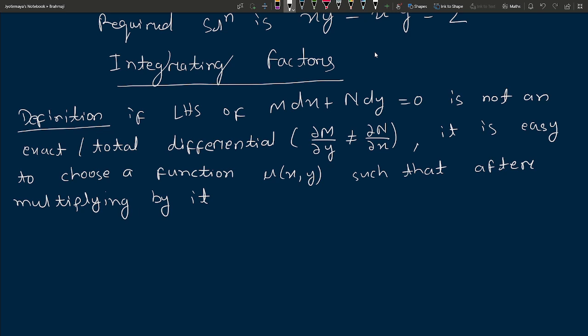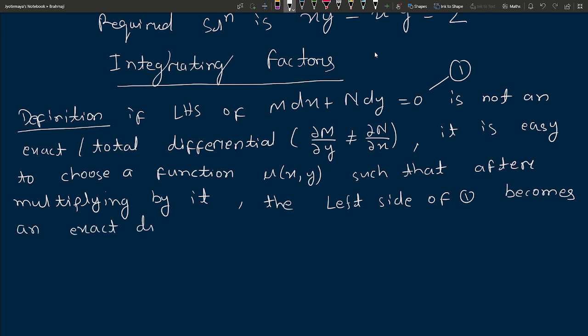the left side of 1, this is your equation 1, becomes an exact differential. Means after multiplying you will find that del M by del y is equal to del N by del x.